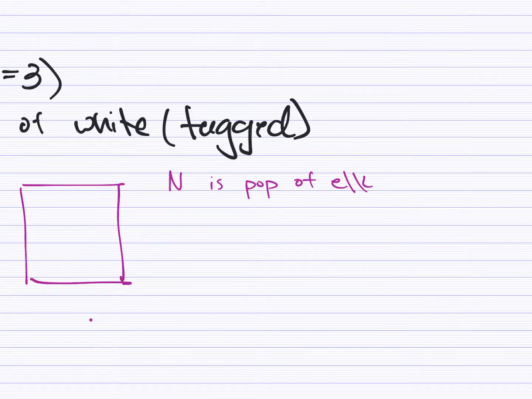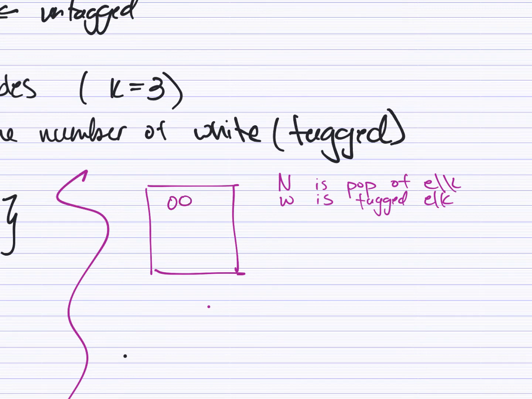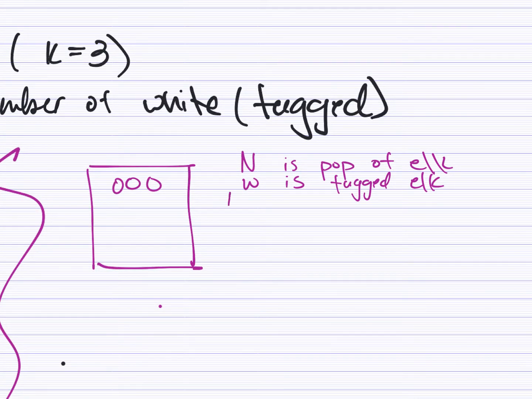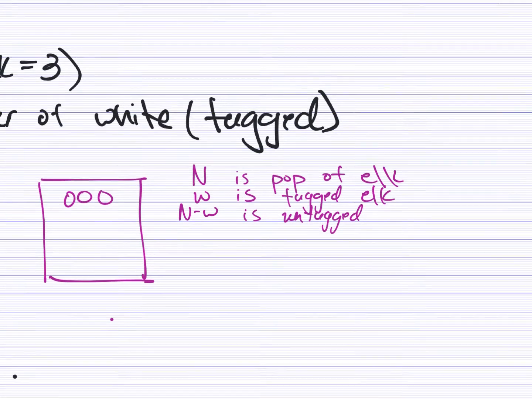So this is like capture, recapture. We capture some of them and we tag them. W is going to be the tagged elk once we capture them, however many that is, which means N minus W is the untagged. In our last example, those were our blue marbles.